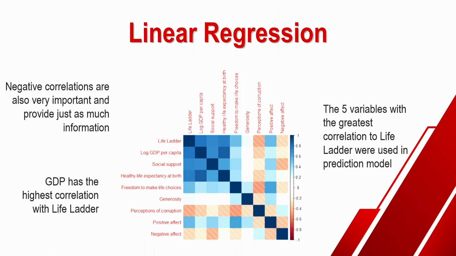Negative correlations would also be just as important, however, you can see on our scale we do not have any highly negative correlations. It's important to realize here that GDP is our largest correlation with life ladder. Because we only have a certain number of variables, it was easy to draw out these correlations. However, if we had a high number, we probably would have wanted to use PCA, dimensionality reduction techniques, to get a more manageable dimension on our data set to relate back to our life ladder.